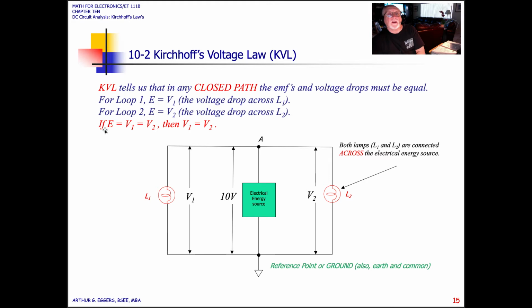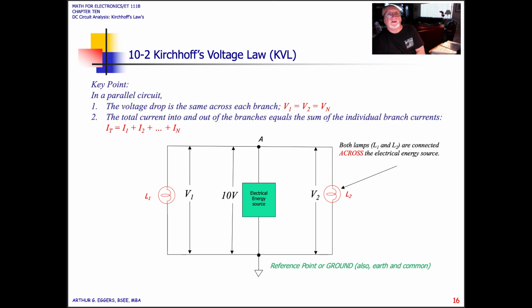So, applying Kirchhoff's voltage law, the source voltage, E, equals the drop V1 and equals the drop V2. Therefore, V1 and V2 are the same value. In this case, it is, in fact, the applied voltage of 10 volts.